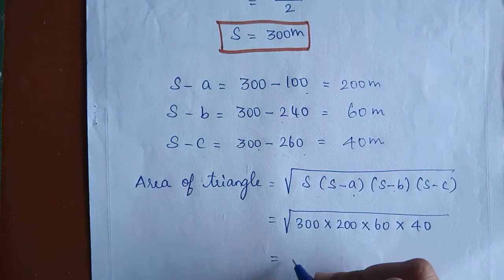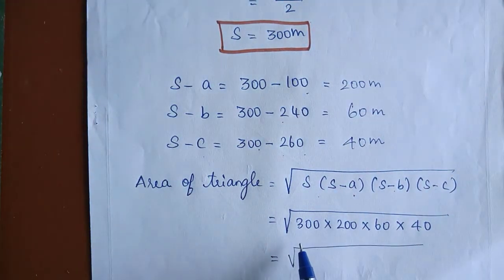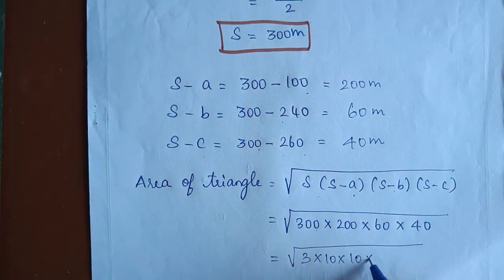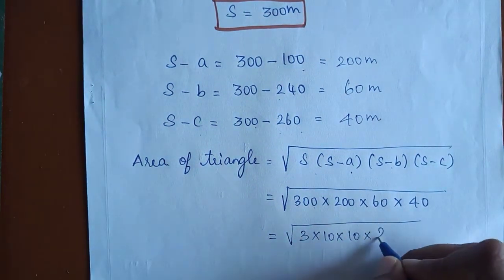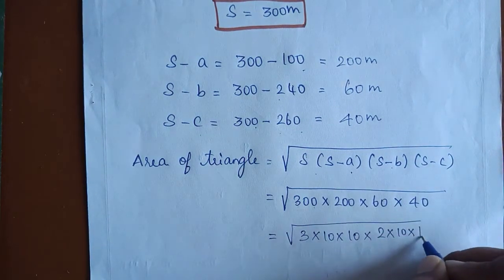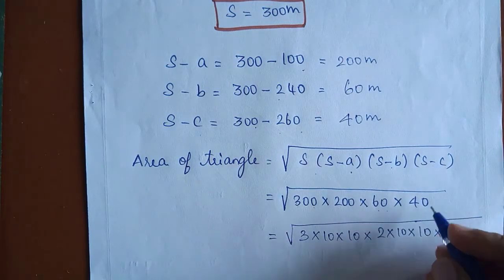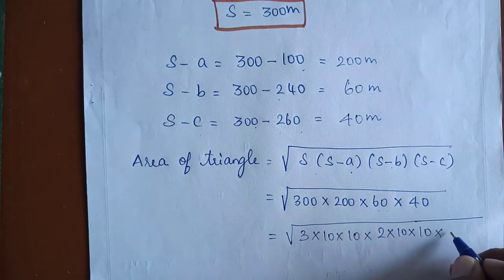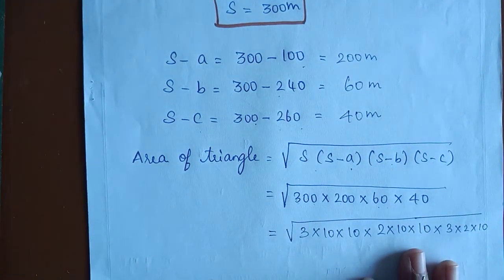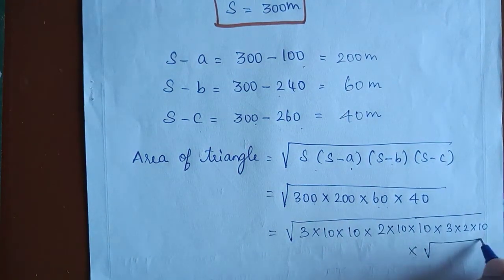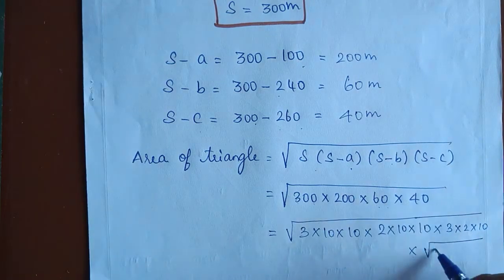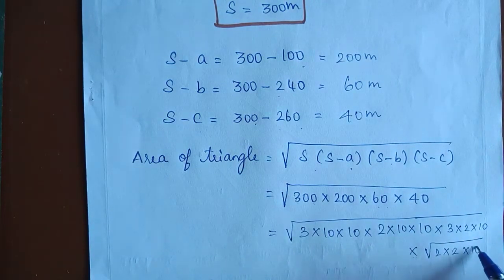Is equal to root of, we can split 300 as 3 into 10 into 10. Then 200 as 2 into 10 into 10, into 60 as 3 into 2 into 10, into root of 40 as 2 2s are 4 into 10.